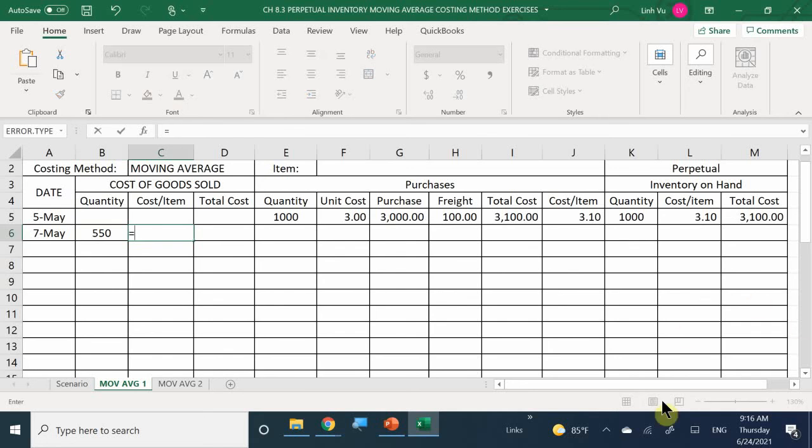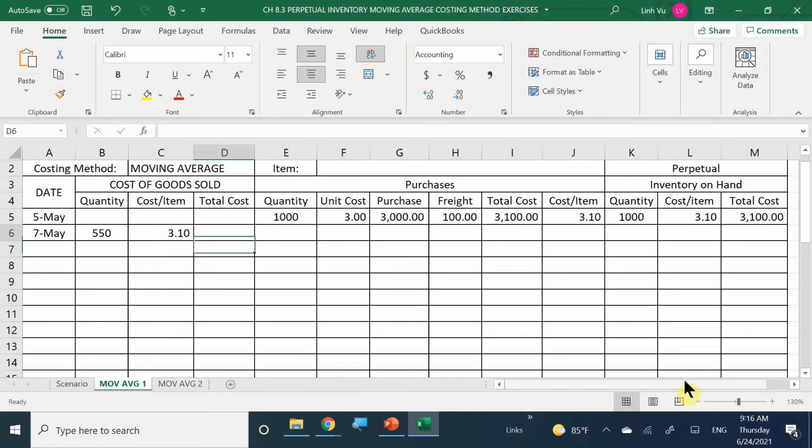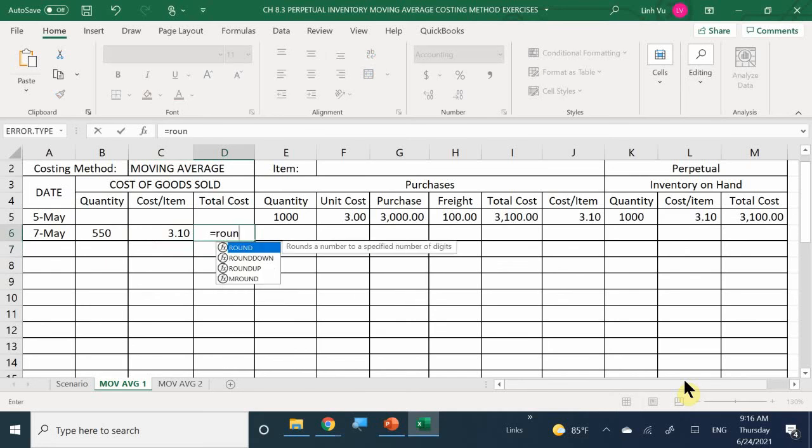So how much is it going to cost me to sell these units? $3.10 each, right? So in this case, I'm going to be consistent and do my round formula because I want a rounded number. How much is it going to cost me to sell 550 items at $3.10?